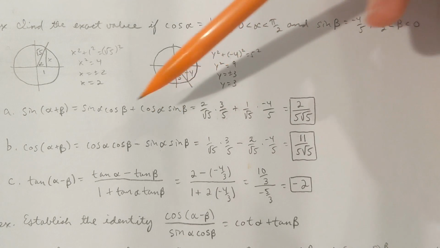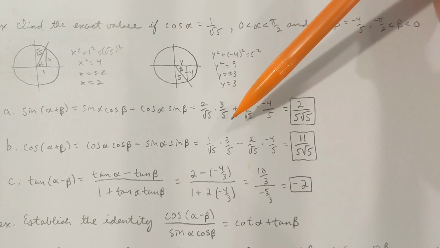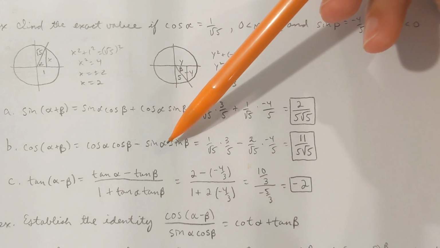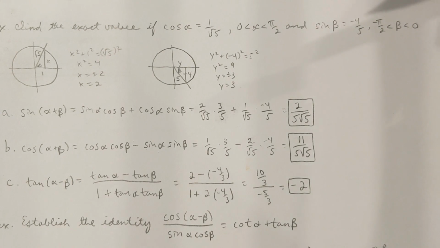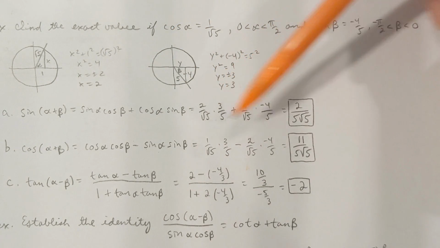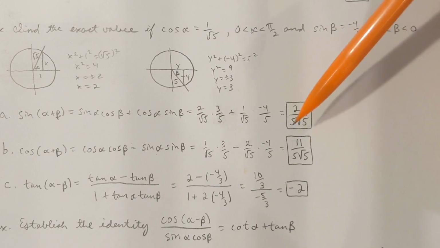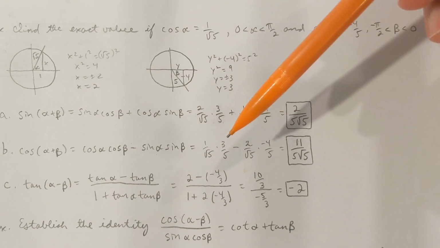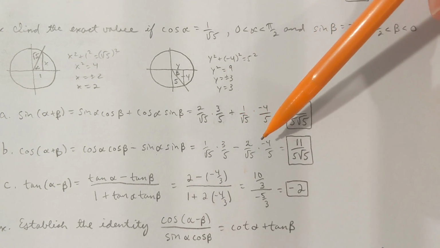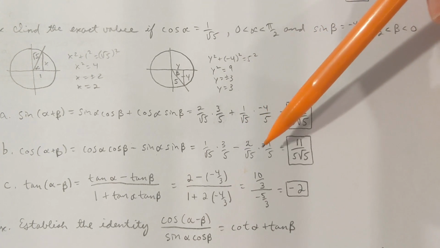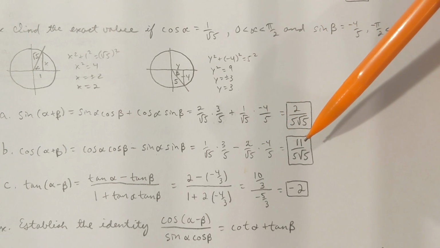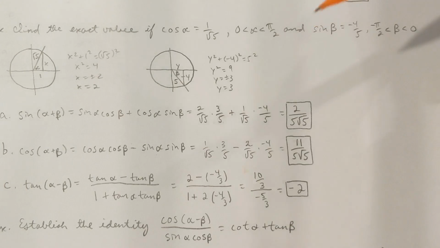Cosine beta, we've already found from earlier, that was 3/5. Minus sine alpha, so from earlier we said that was 2 over root 5, times sine beta. Sine beta was given to me, that was negative 4/5. 3 over 5 root 5 minus a negative would be plus 8 over 5 root 5, would be 11 over 5 root 5 then.